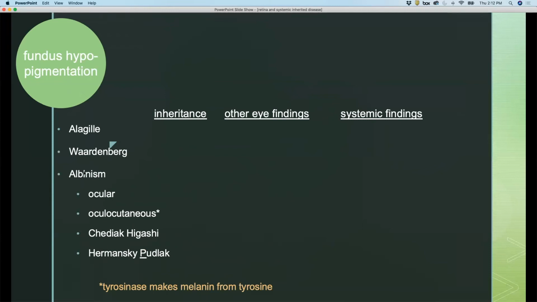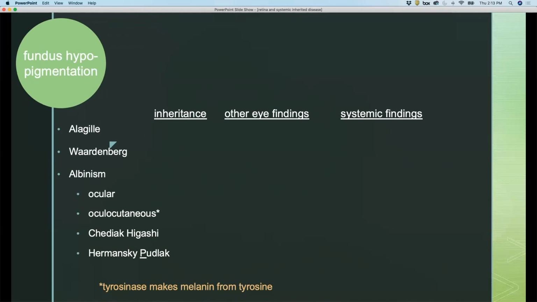So as far as albinism goes, you can get it just in the eye, or you can get the eye and the skin. And then these are the two diseases, Chediak-Higashi and Hermansky-Pudlak, that have significant other findings in the body, not just hypopigmented skin. Right. Those have platelet disorders, right? Hermansky-Pudlak has more of a Puerto Rican descent, but you said that maybe that's not clinically as relevant, but it can definitely be on the test.